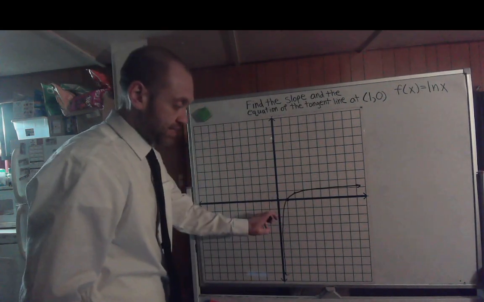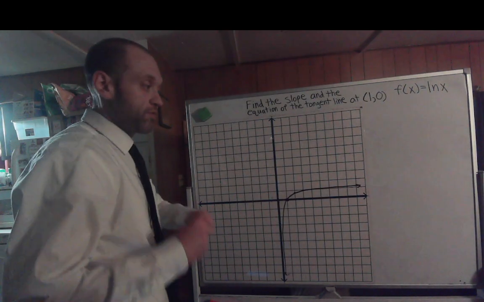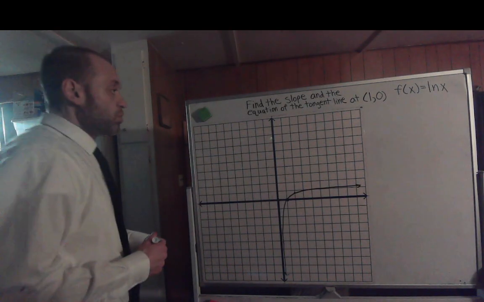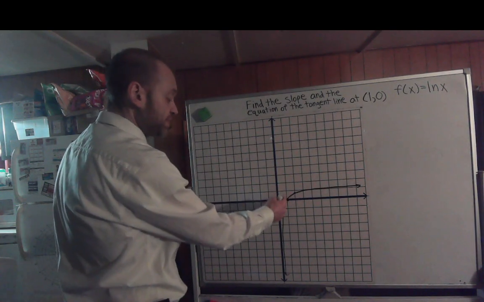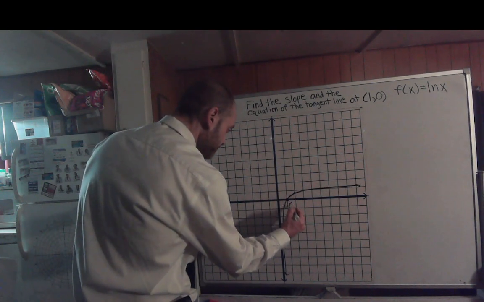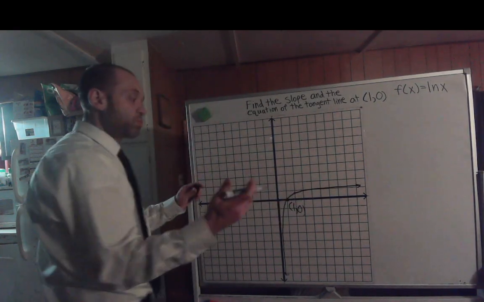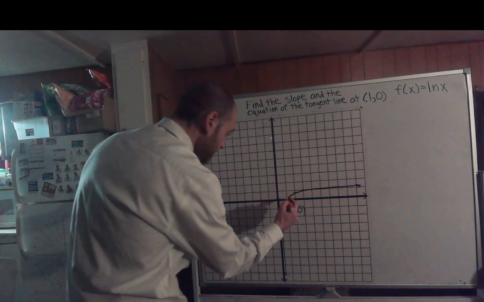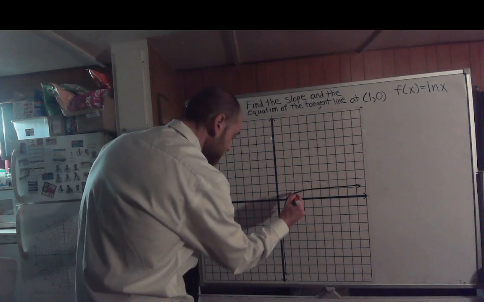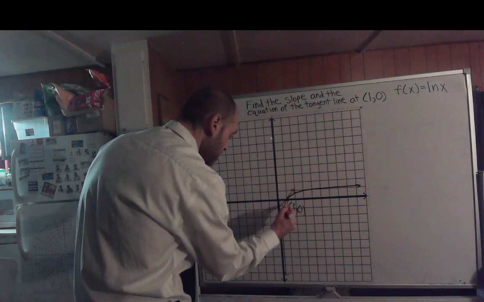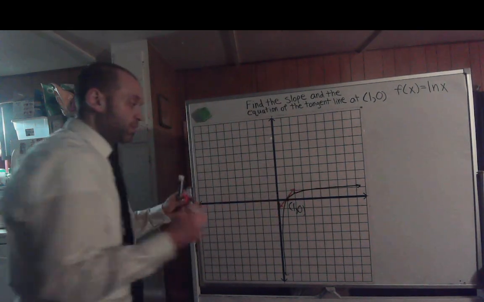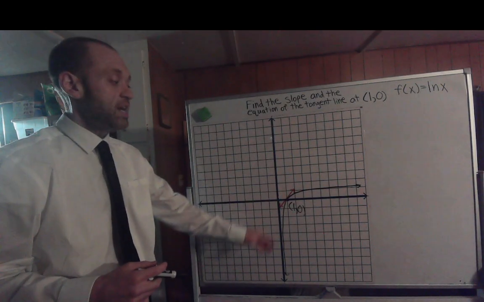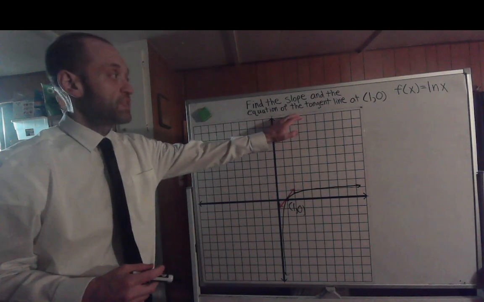You have a vertical asymptote at x equals 0, if we remember from algebra and pre-calculus. So here's your curve. We want to find the slope at this point 1, 0, which in turn will give us the equation of the tangent line. So here I'm going to draw a tangent line at 1, 0. That's the equation we want to find, and finding the slope of that tangent line is the slope of this curve at the given point.